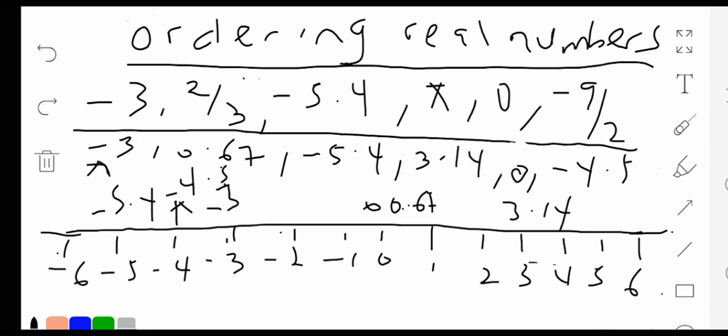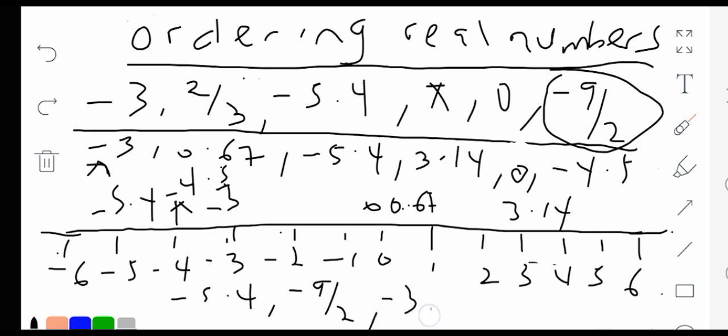So now we can write this out. Minus 5.4 will be the first one. Then minus 4.5 will follow. So don't forget, minus 4.5 is from this thing, so you just write minus 9 over 2 because we want to order it now. Then minus 3 will follow.